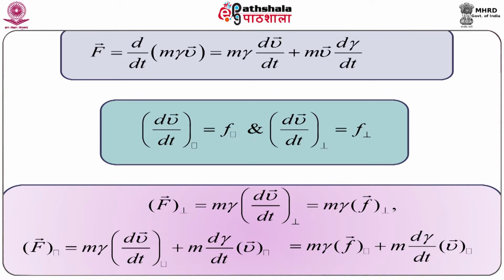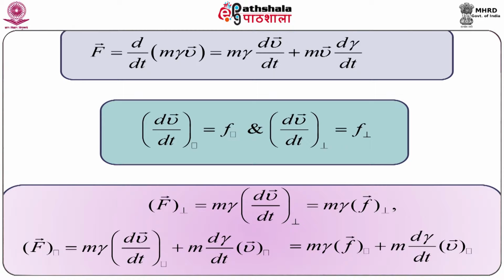If we denote the component of acceleration vector, that is d/dt of v vector, along the x axis as dv/dt parallel equal to f parallel, where f is the acceleration, while the perpendicular component of d/dt of v vector as the perpendicular component of acceleration, that is f perpendicular.